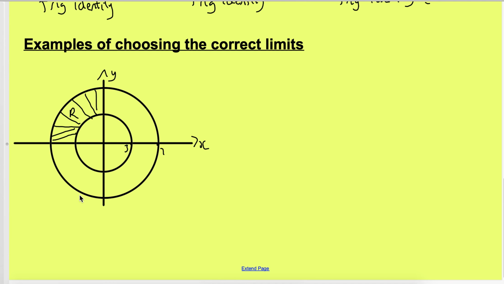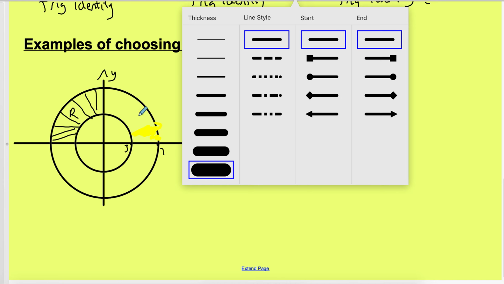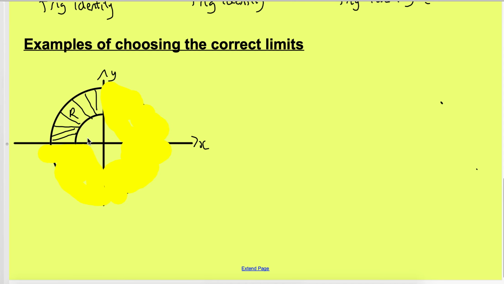That means the rest of this shape isn't here, none of this shape is actually here. So this is the shape I'm effectively integrating over.